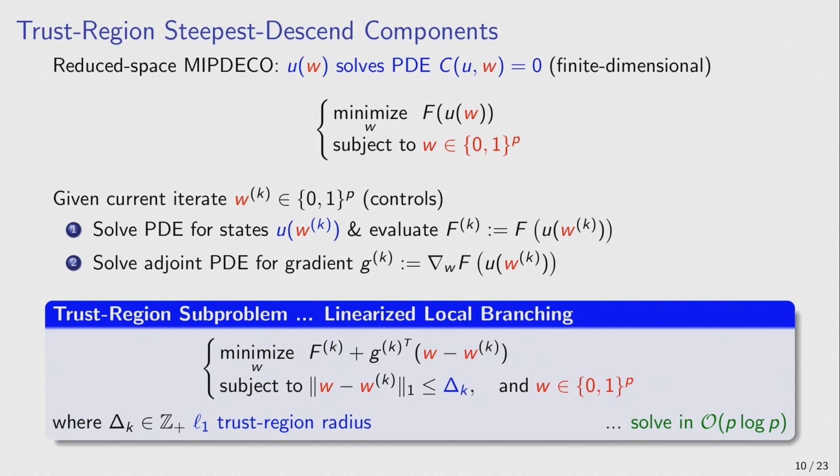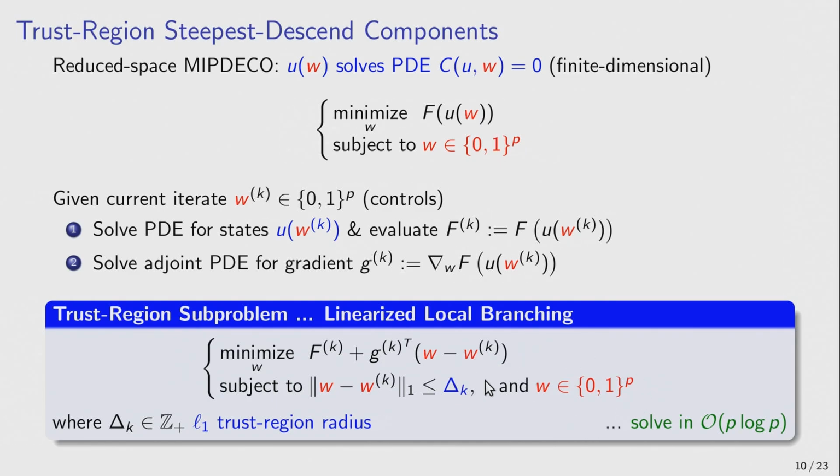That's a traditional approach in partial differential equation constrained optimization. Given that, I can set up a local linearized problem where I minimize a first order Taylor approximation to my objective function. This is just evaluating the objective at a point wk, getting the gradient, and then evaluating the gradient against the displacement in w. So this is a first order approximation of my original function.